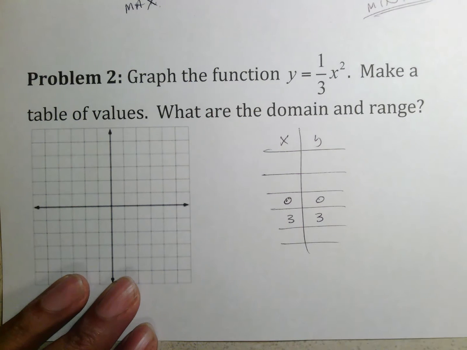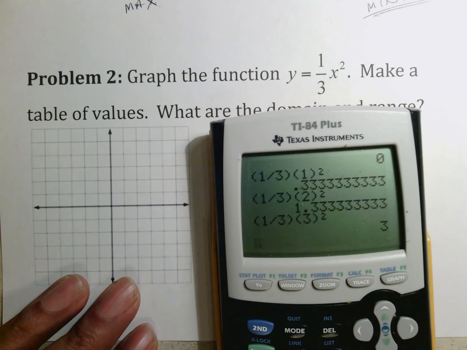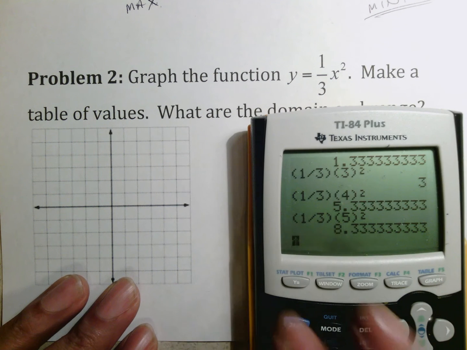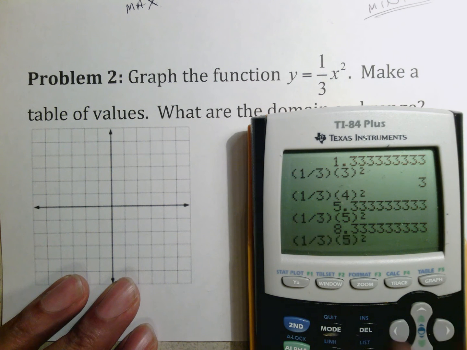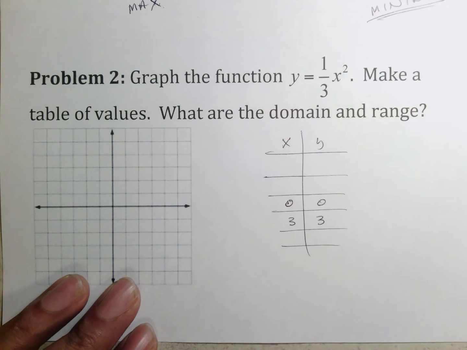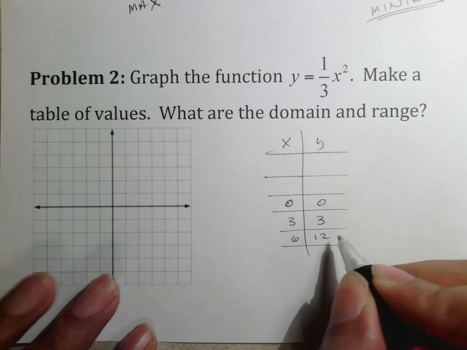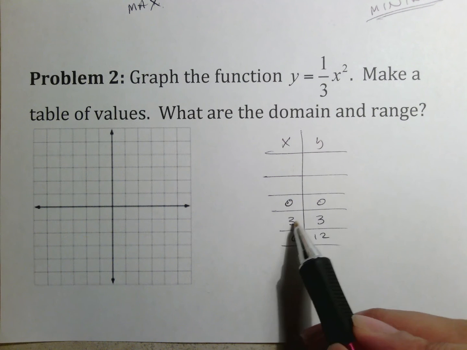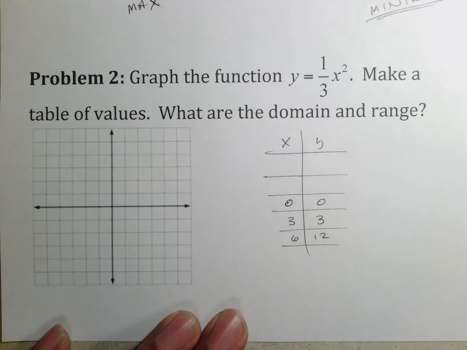4, 5. I think 4 and 5 probably will do the same thing if I did that. Yep. And 6 will more than likely give me a nice number there also, which gives me the answer of 12. And because if you notice the pattern, you're going 0 to 3 to 6, it means that I'm probably going to check negative 3.